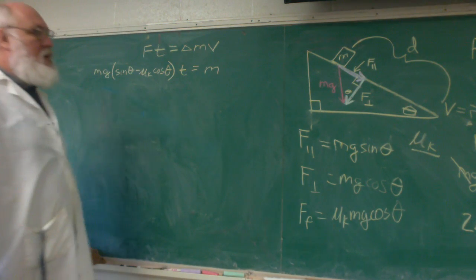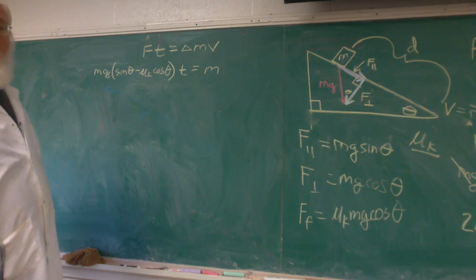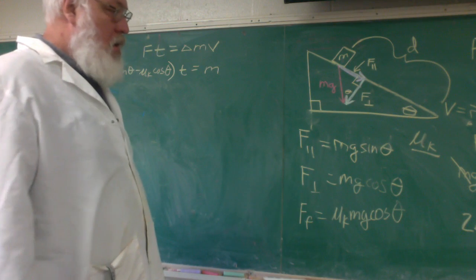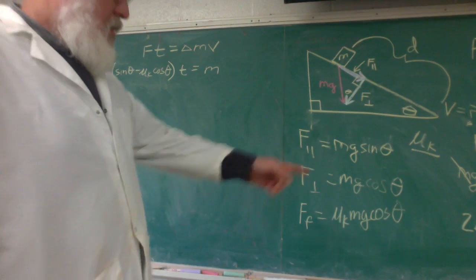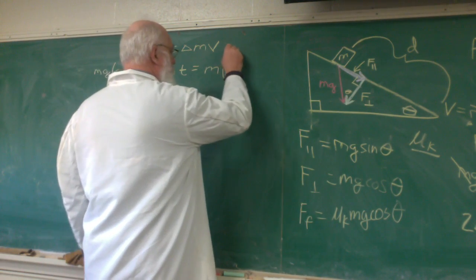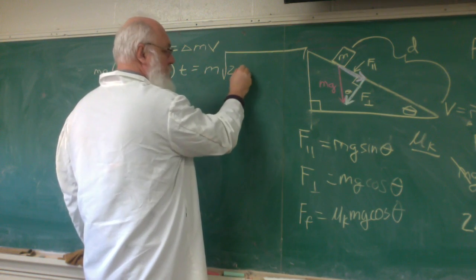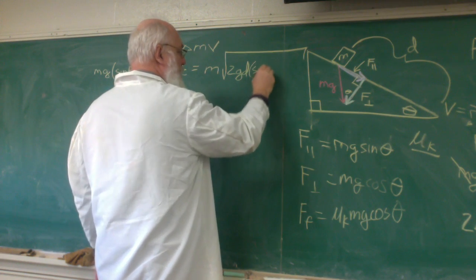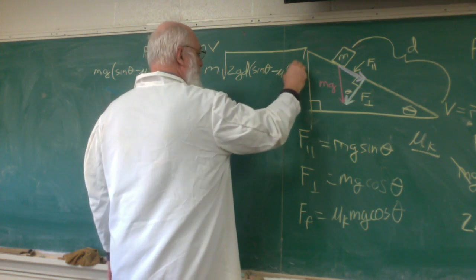Now, the velocity, we had a formula that we were able to figure out before. Solving that formula for v would give us the square root of 2gd times (sine theta minus uk cosine theta).